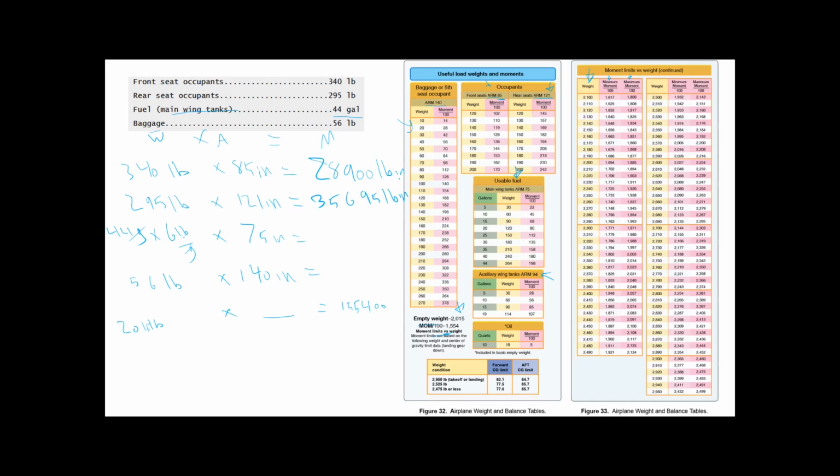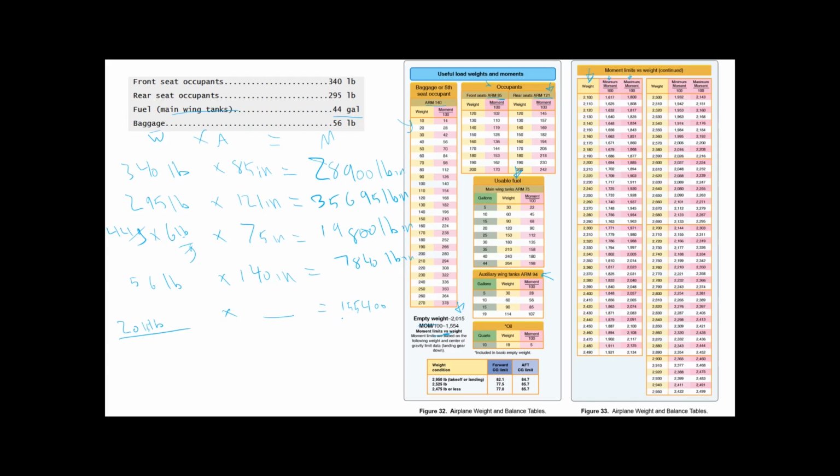Our 44 gallons times 6 pounds per gallon times 75 inches comes out to 19,800 pound inches. And then 56 pounds times 140 inches for our bags is 7,840 pound inches.